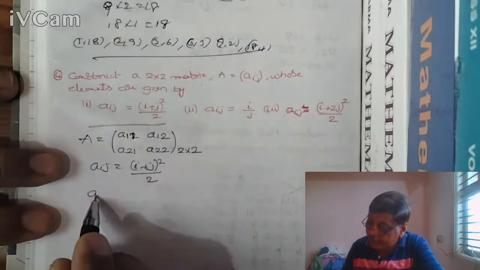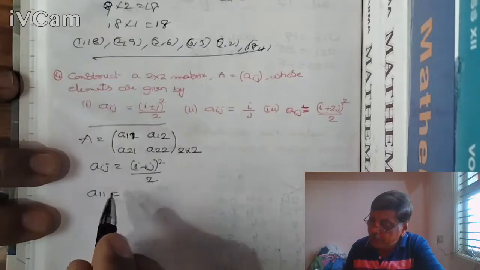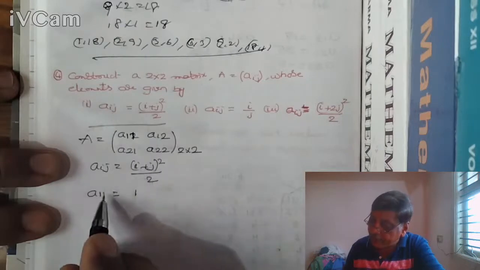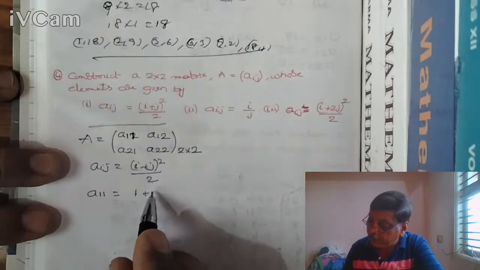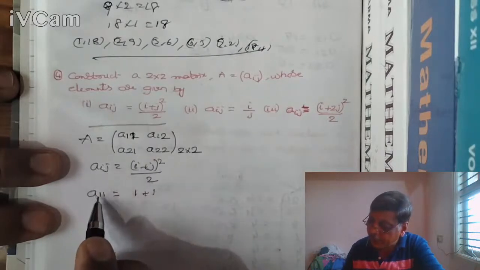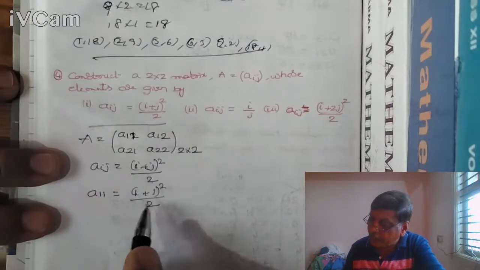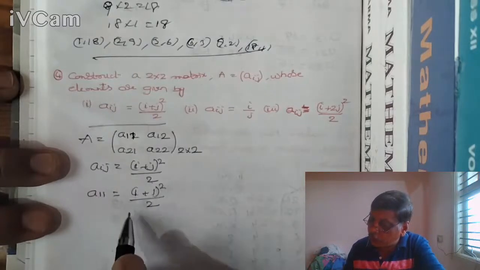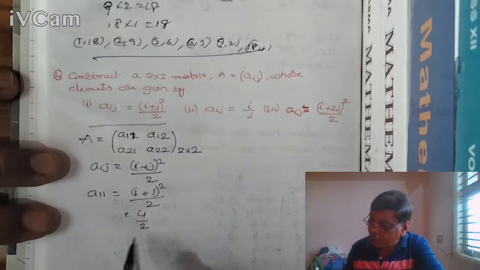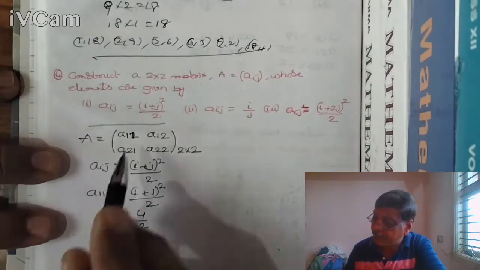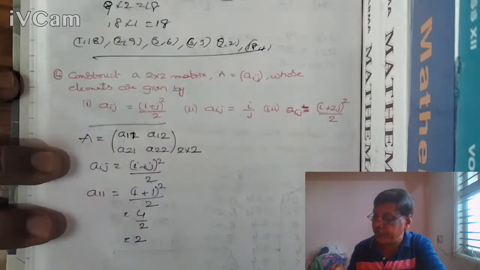To get A11, what to do here? You just replace i by 1 and j also by 1, because in place of i we have 1, in place of j is also 1. After simplifying, we get the answer: 1 plus 1 is 2, 2 square is 4, 4 by 2 is equal to 2. So the first element A11 is 2. Got it?